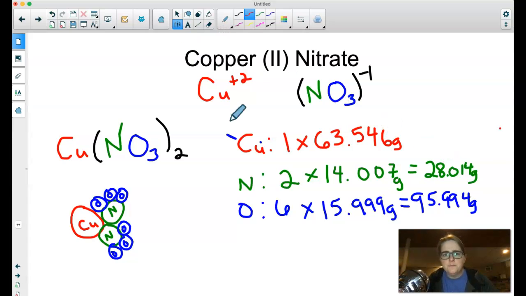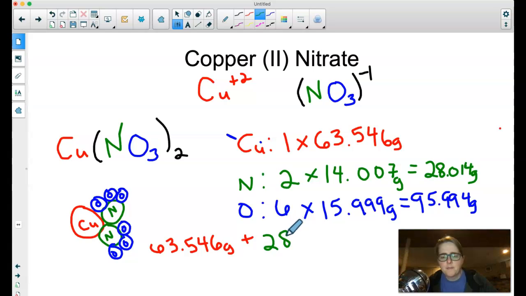So if I want to know the molar mass of copper nitrate, I'm going to just add these numbers together. So I'll do the mass of copper that I have plus the mass of nitrogen that I have. And then I'll also add to that the mass of oxygen that I have.